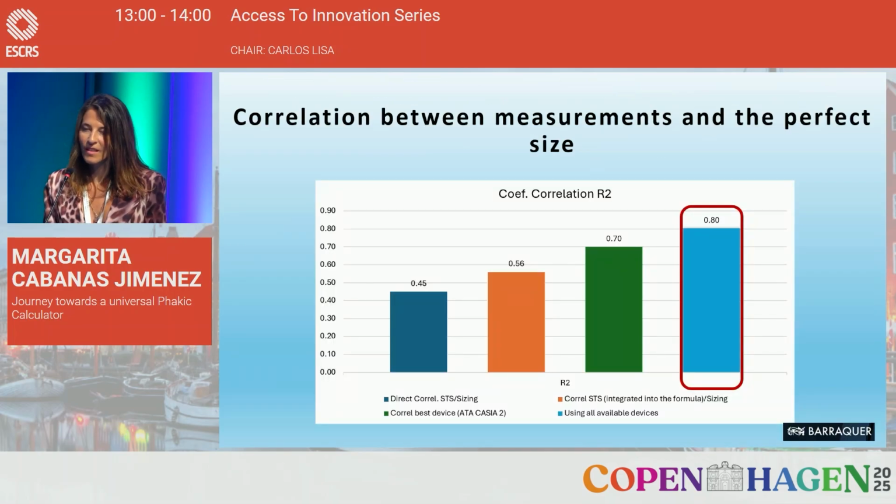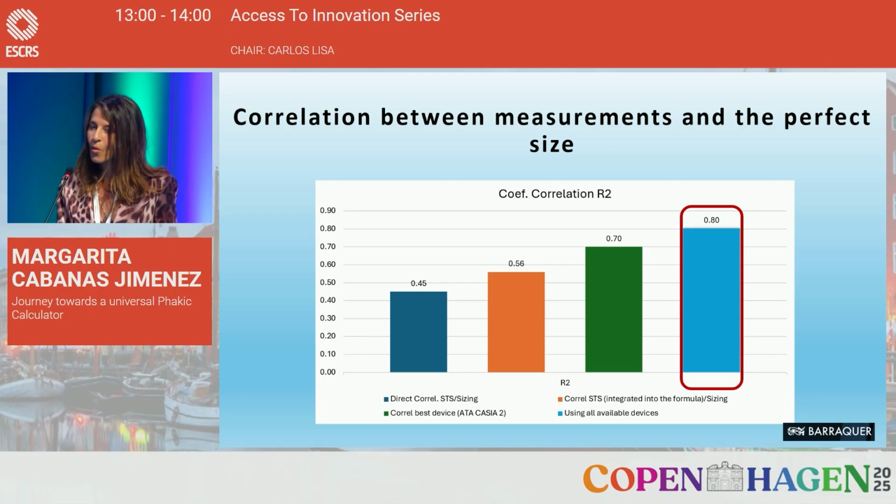There is exactly a direct correction of sulcus R square of 0.45. But if we use it with the Biotech algorithm, it increases over 0.56.